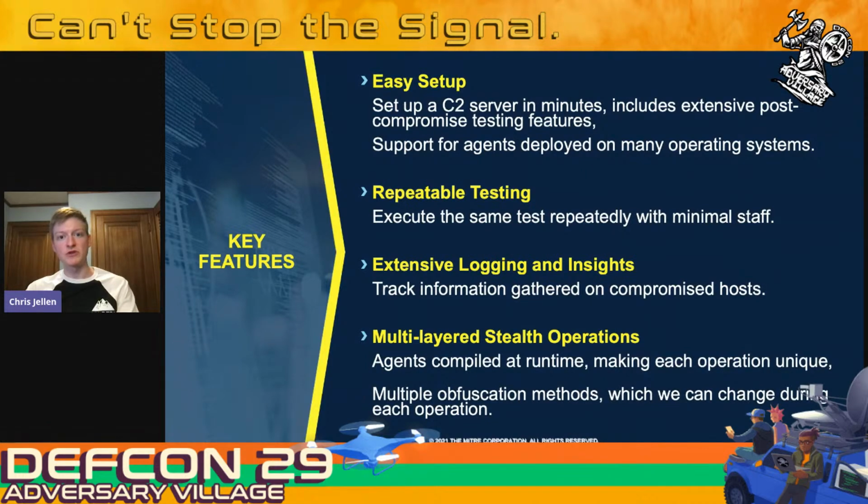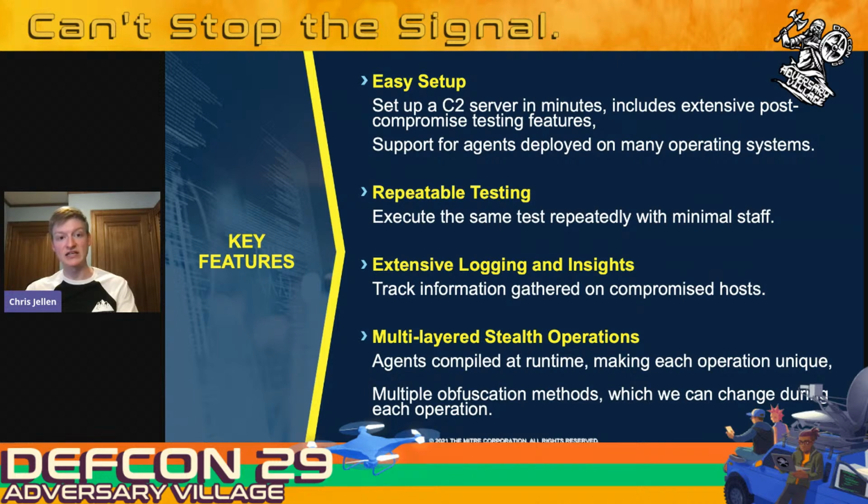To go through some of those key features that we mentioned earlier in the talk, we have a main focus on the ease of getting started using the tool. It's quite easy to set up. The instructions, again, are on caldera.mitre.org if you want to get a head start in the workshop. The focus of that setup is an easy to use and easy to understand C2 server that we can set up in minutes.